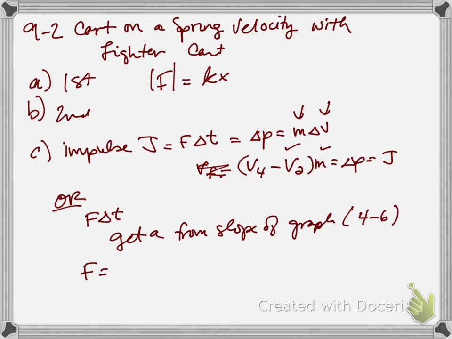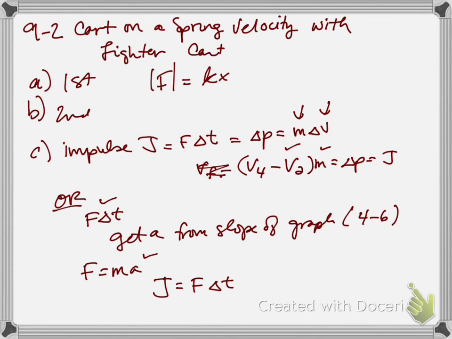Then you could get the F by multiplying M times A. And then you could get the impulse by multiplying that force by delta T. So let's see, the 2 points there were 1 for indicating that F delta T gives the impulse, and then 2 for getting the acceleration from the graph, multiplying it by the mass to get the average force. All right, so that's A, B, and C.